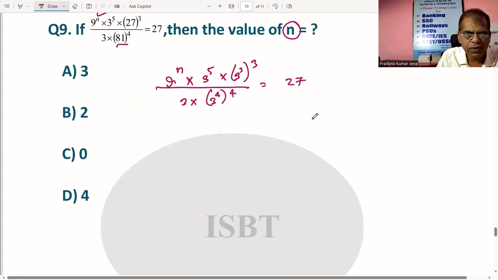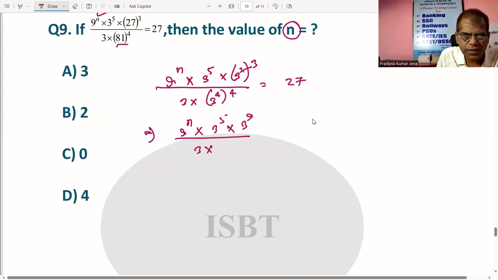Okay, now the next step: 9 to the power n, 3 to the power 5 into 3 to the power 9, all divided by 3 times 3 to the power 16, is equal to 27.